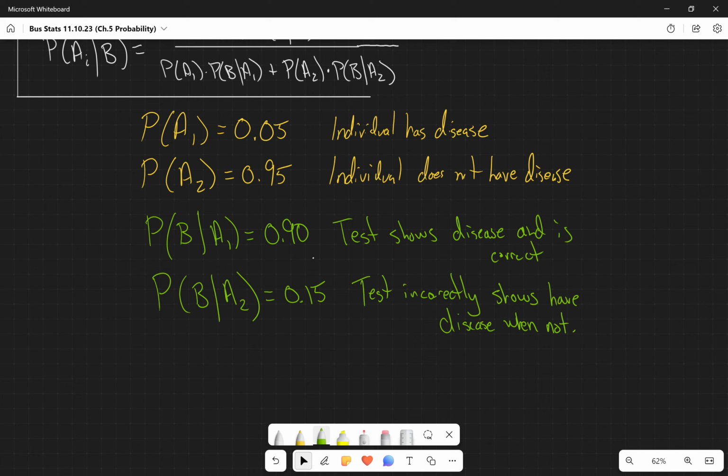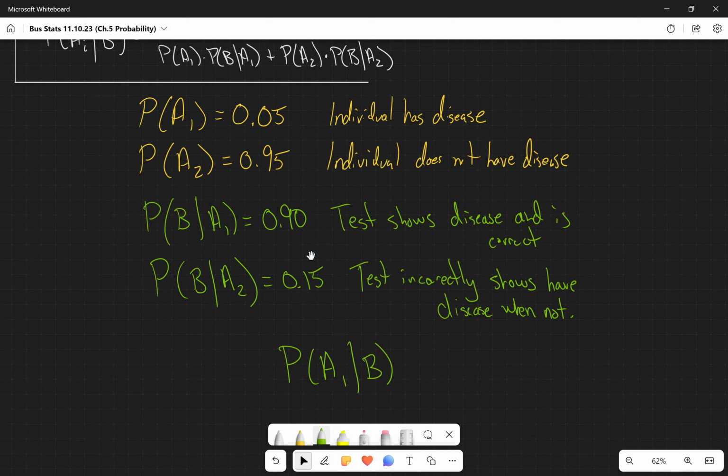So the probability of A1 given B. So this is called our posterior probability because it's our revised probability based on the additional information.